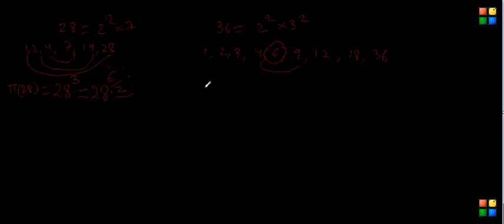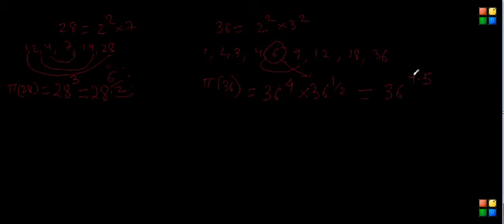So now if I try to find the pi of 36, I have clear cut 4 pairs which are giving me 36, so I can directly write 36 to the power of 4, and I am left with 6, which is nothing but 36 to the power half. So basically 6 can be written as 36 to the power half. So ultimately what I am getting is 36 to the power 4.5.